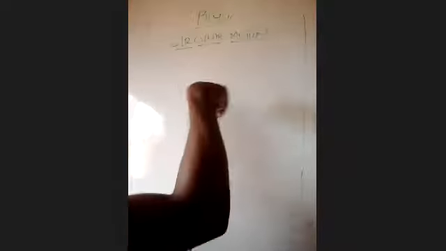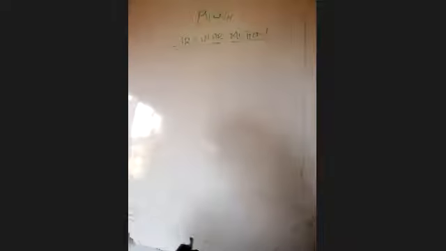Another example is planets going around the sun. The sun just stands at one place while the planet moves around it. And also the earth moving around the sun is another example of circular motion.